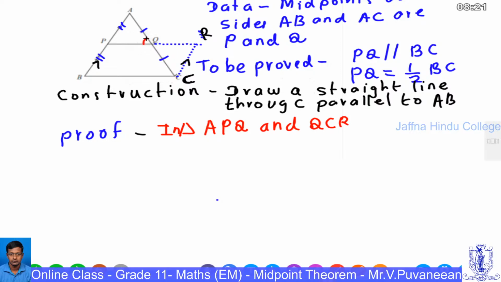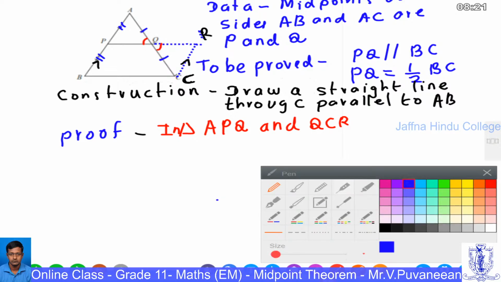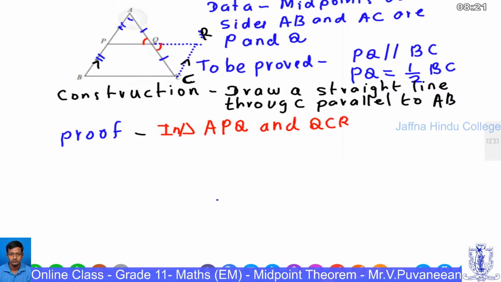These two are equal, corresponding angles, and this angle and this are equal, alternate angles, AB parallel to CR. So we can prove it through angle side.